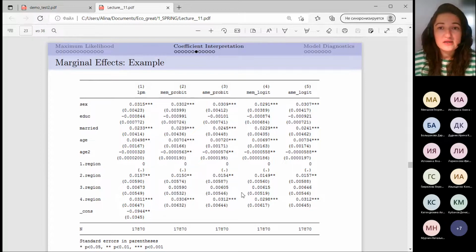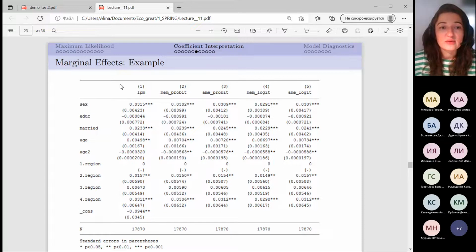Here, as you can see, the first table is the linear probability model. The first column describes the coefficients, let's say, results after the ordinary least squares method, just as an example for comparison, okay?